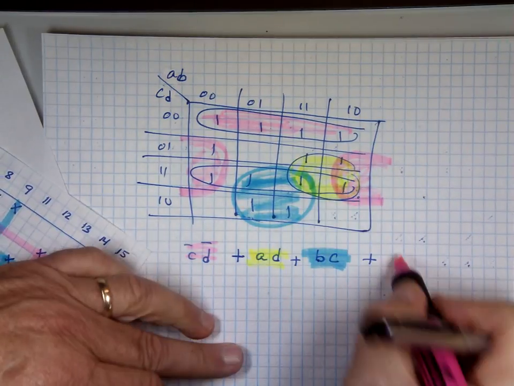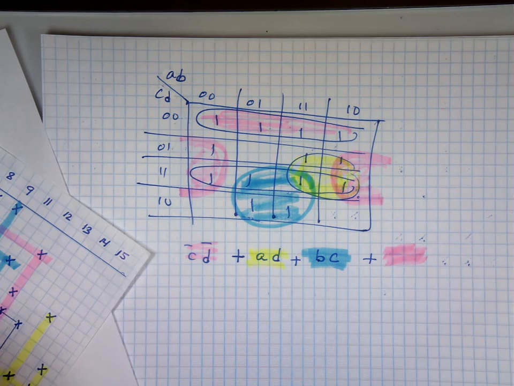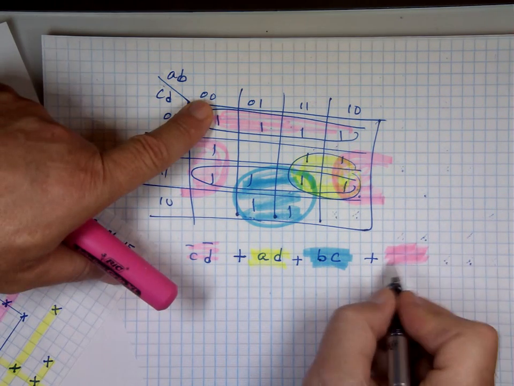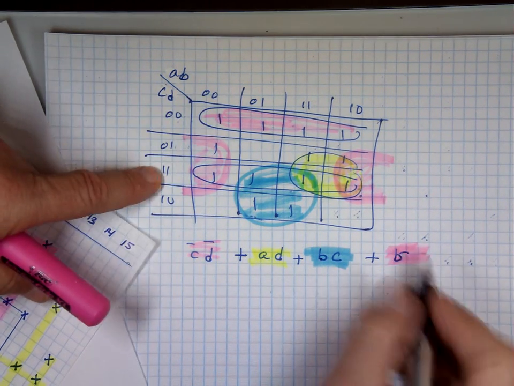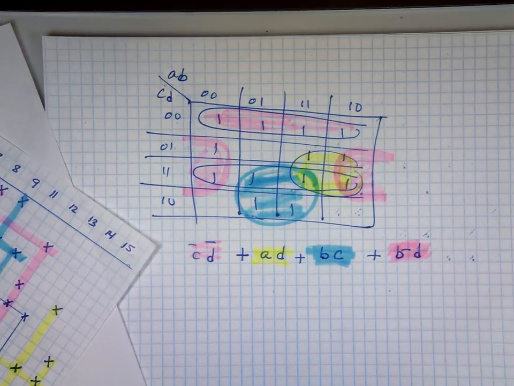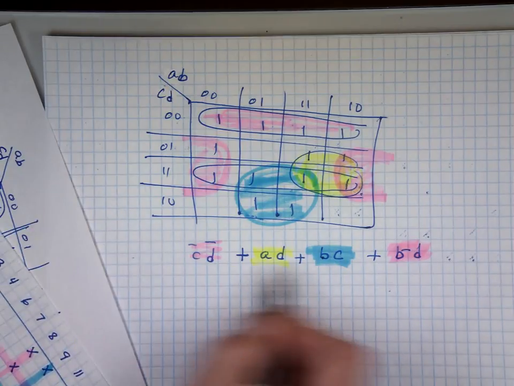Plus B bar D. Again, there's multiple ways of doing them. There's going to be 4 terms of 2 and 2 and 2, any way you slice it.